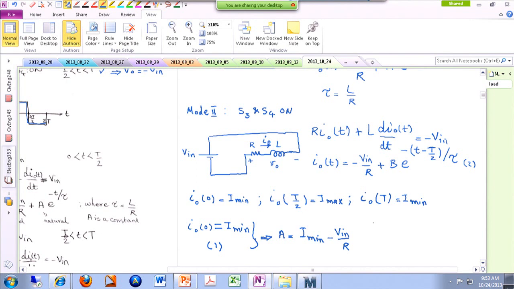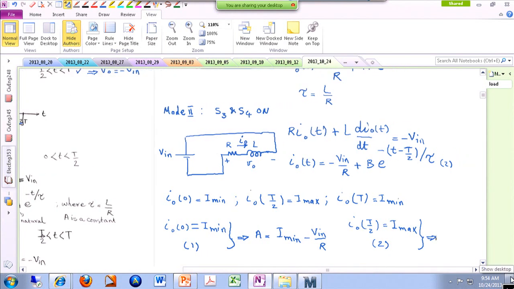Or also using the second equation, that I out at T over 2 equals some maximum value, and using it in the second equation, you can conclude that B equals I max plus V in over R.